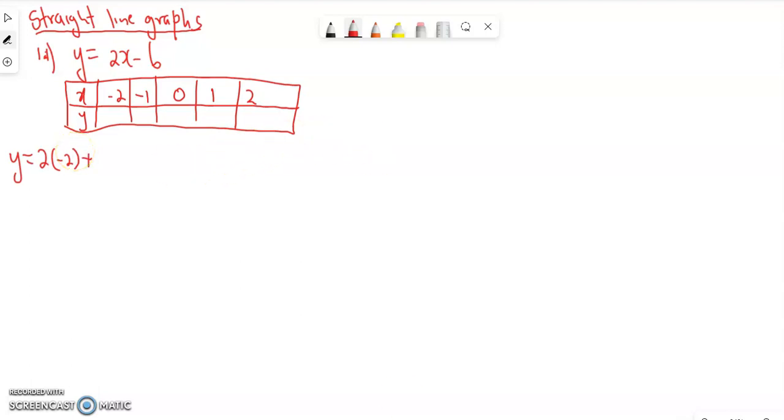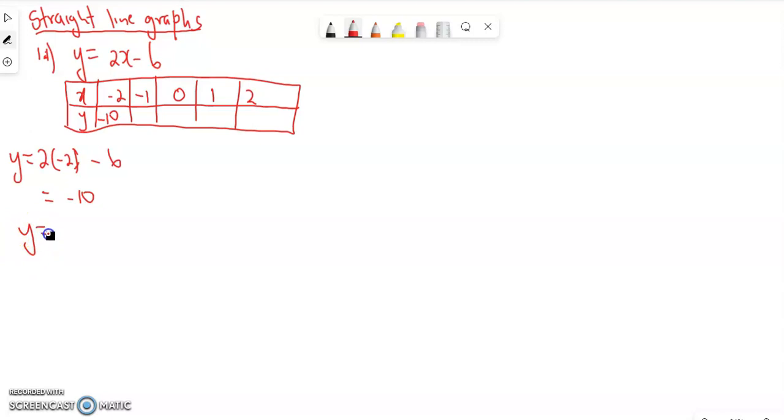So it's going to be 2 into -2, 2 into -2 minus 6. So the answer is going to be -10. Then the value of y here is -10.